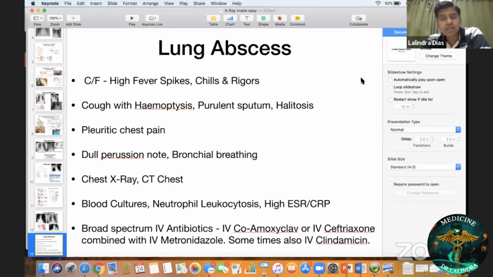Because remember, whenever you have a lung abscess, it's mainly due to anaerobic organisms, and that's why they produce air, and air goes on top. So you have to cover those anaerobic organisms in your antibiotic regime, and that's why you put them on IV metronidazole. All right, so that's the place where we stop.